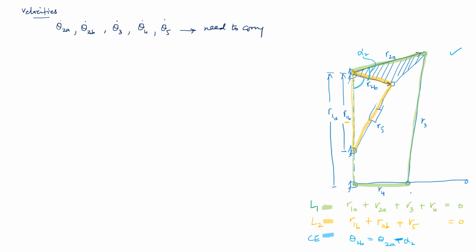So we need to compute these, and what is known to us is r5 dot. This corresponds to the hydraulic actuator, how it imparts a velocity as the input to the whole mechanism. So this is what we already know, this is the input, and because of the input it is known.